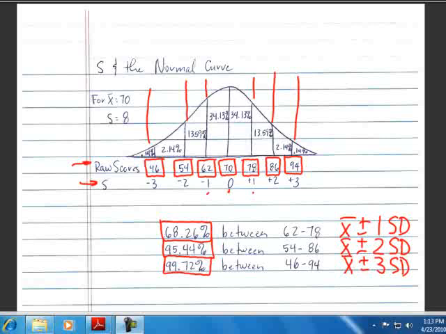All right, just a couple other things to remember. The normal curve has predictable features, meaning if it is normally distributed, we can use sample statistics to estimate how many scores in a population fall within a specified region. Okay. A final note is that the normal curve is considered to be something called asymptotic.